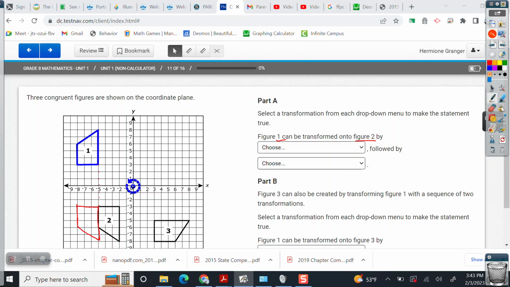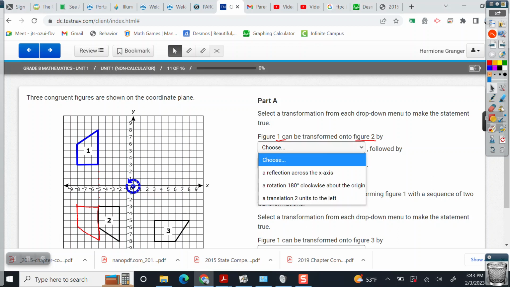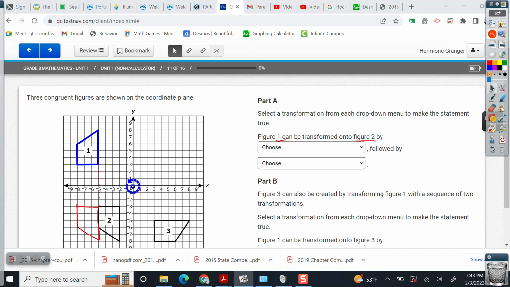But let's just double check, what are our other options here? So I could then do a rotation that is 180 degrees, a 180 degree rotation about the origin. Doesn't matter if it's clockwise or not clockwise, it's gonna end up the same way. So here's a 180 degree rotation.